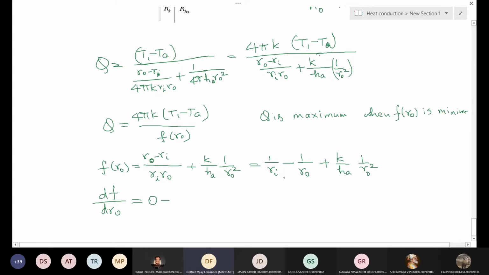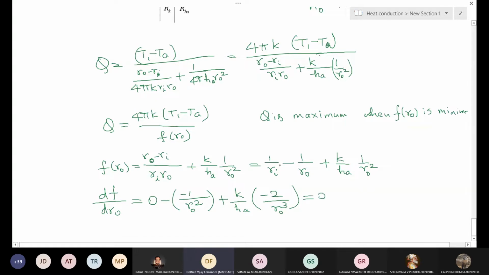The derivative of 1 by R0 is minus 1 by R0 square. Then K by HA into minus 2 by R0 cube. So simplify this one.